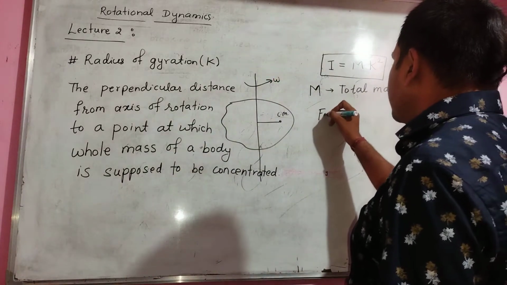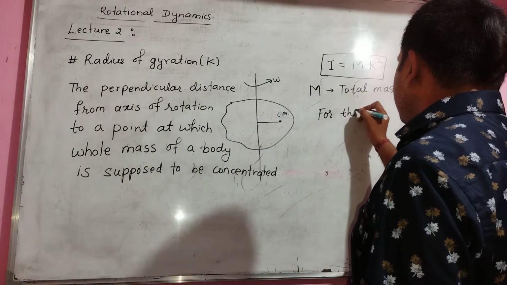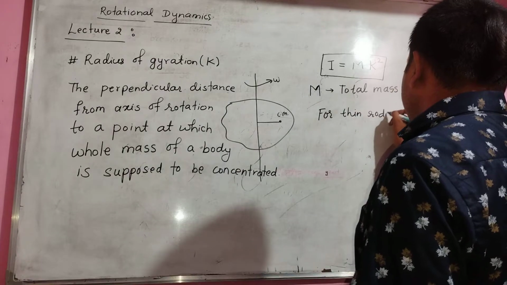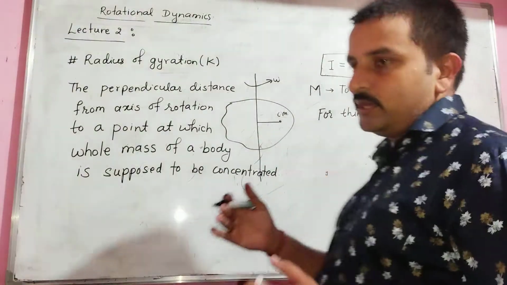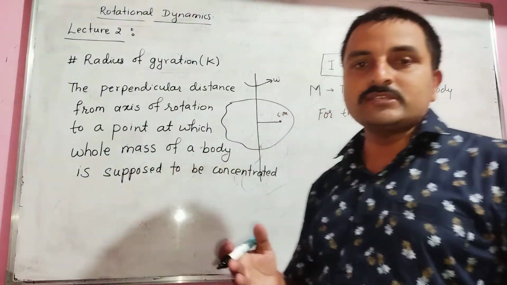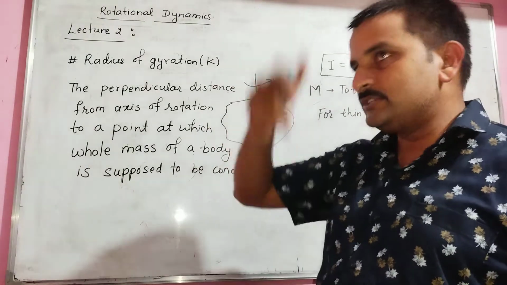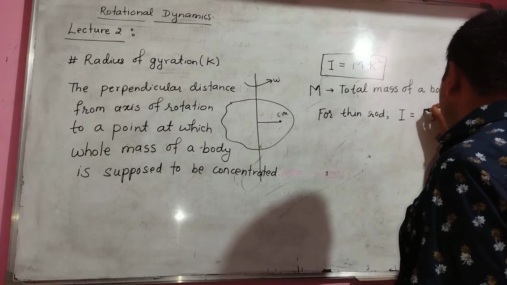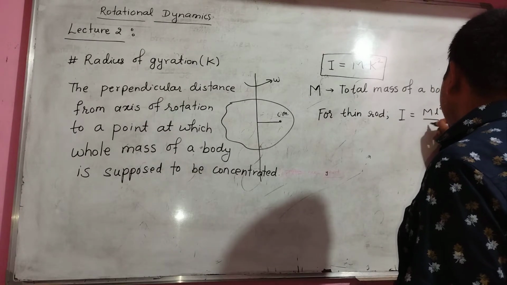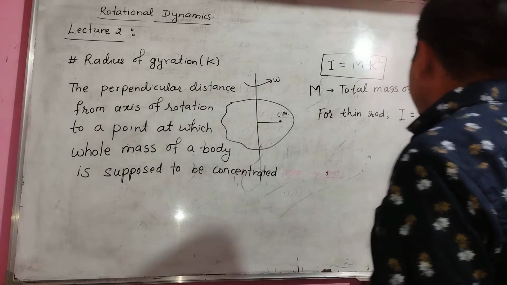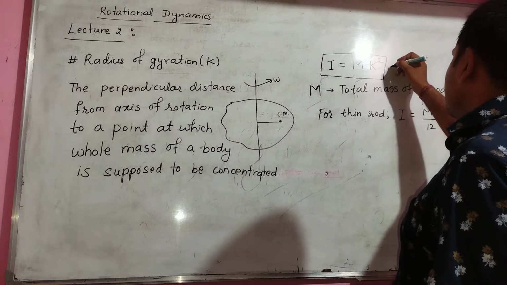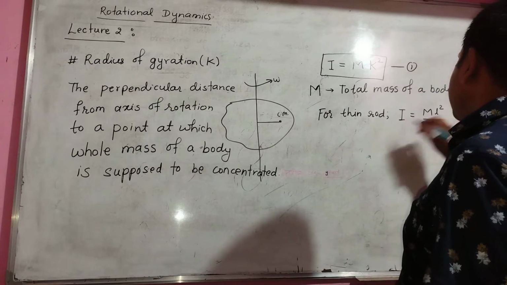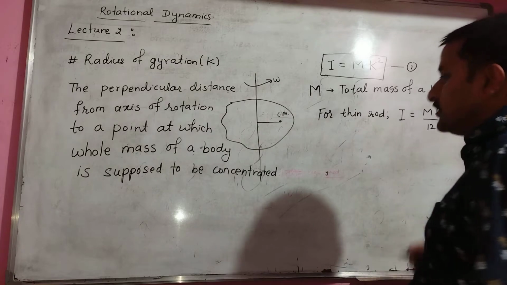For example, for the thin rod, when the axis of rotation passes through the center, we have I equal to M L square divided by 12. Suppose we write this as equation 1 and I = M K square as equation 2.